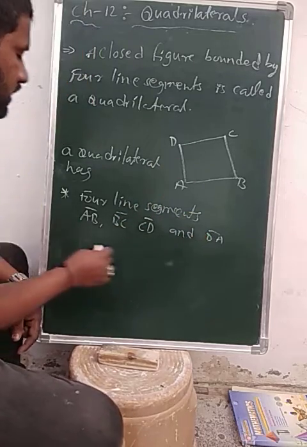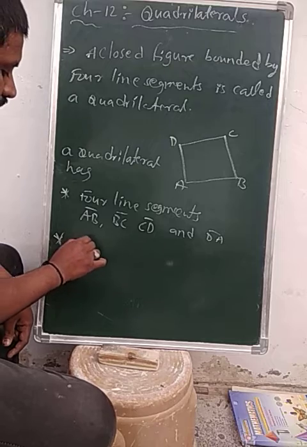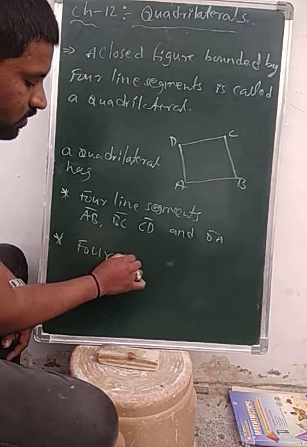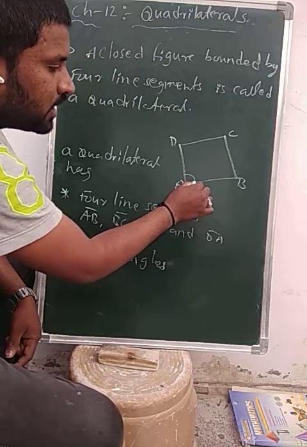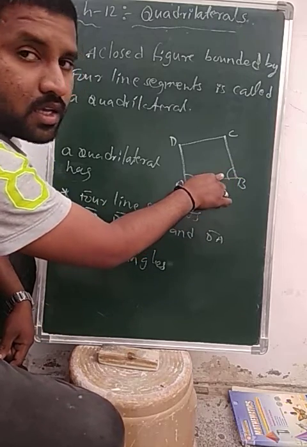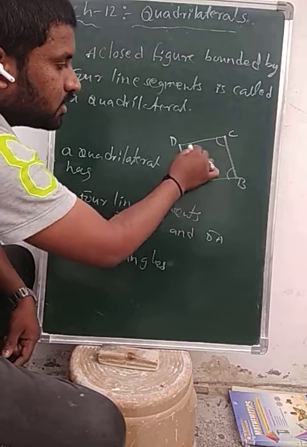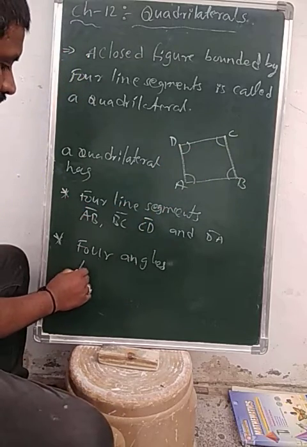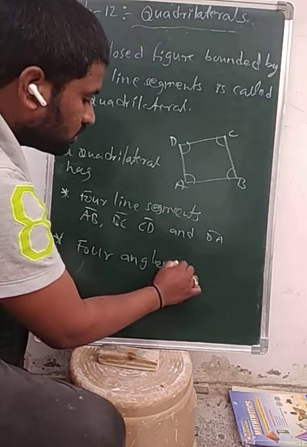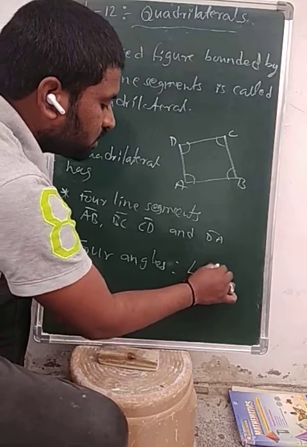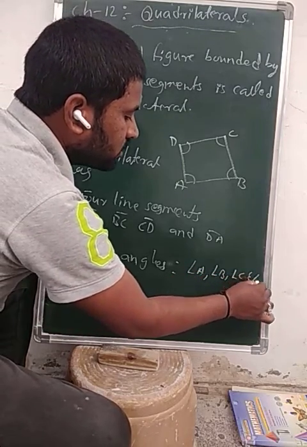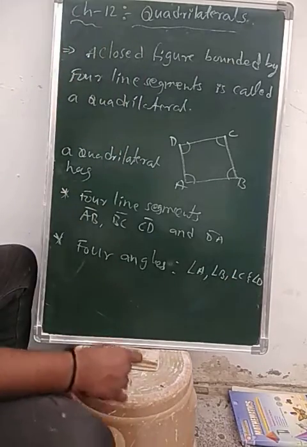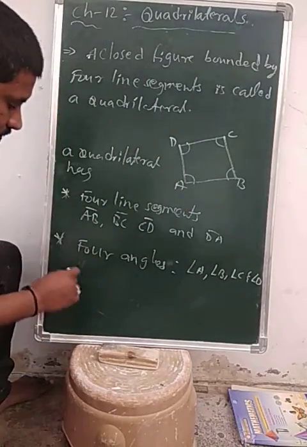Okay, and it has four angles. What are they? Angle A, angle B, angle C, angle D, and it has four vertices.